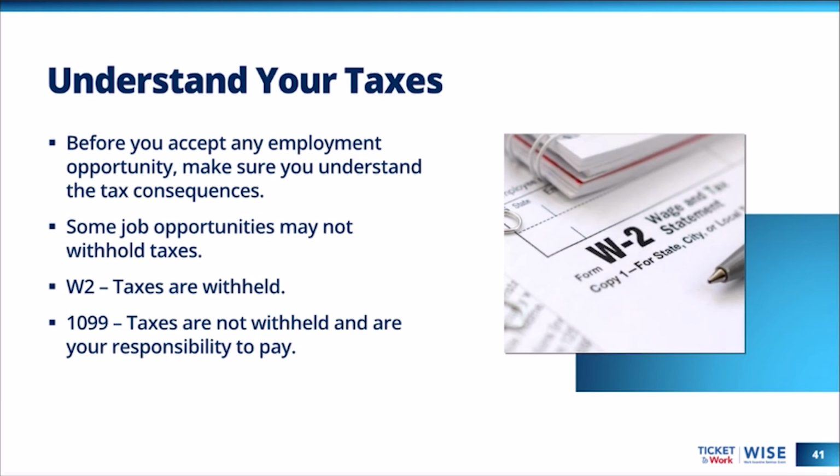When I get that check for $3,000, I have to know that I have to pay taxes now and not wait till the end of the year and pay penalties because they're all late. So you've got to understand how that's going to work. And there are people out there who can help you do that. The volunteer income tax assistance programs are fabulous, and they can help get you set up if you happen to be a 1099 worker.